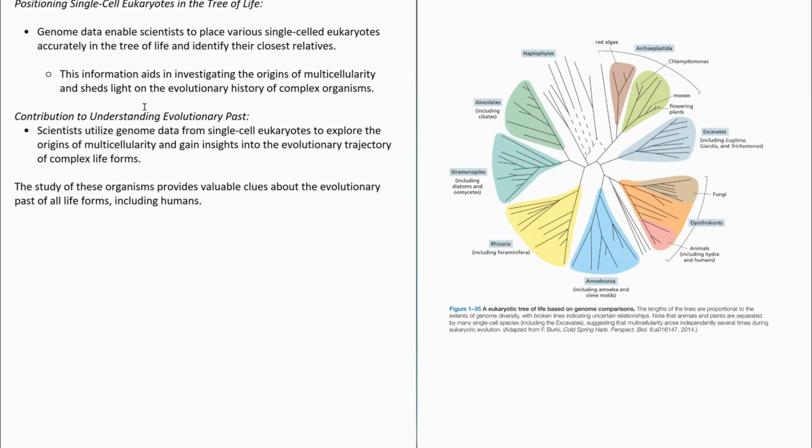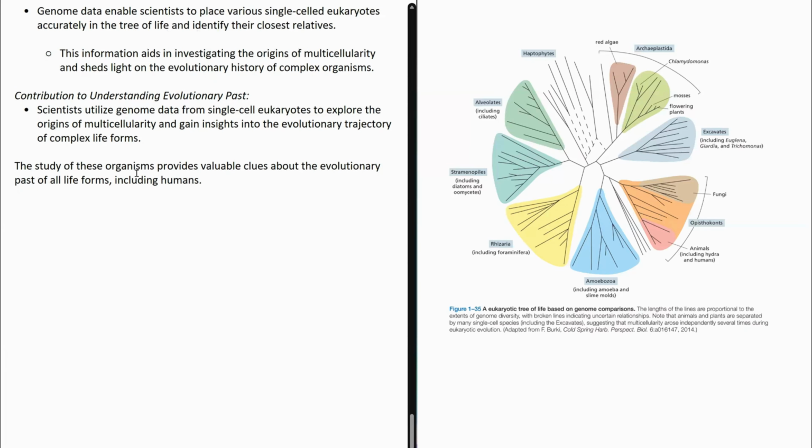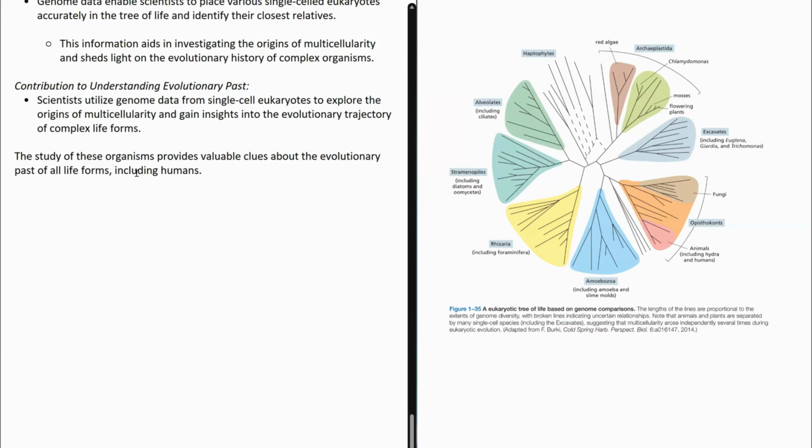Having such a massive amount of genomic data from single-celled and multicellular organisms, scientists are exploring the origins of multicellularity, ultimately to gain more insight on evolution and the evolutionary trajectory of complex life forms.